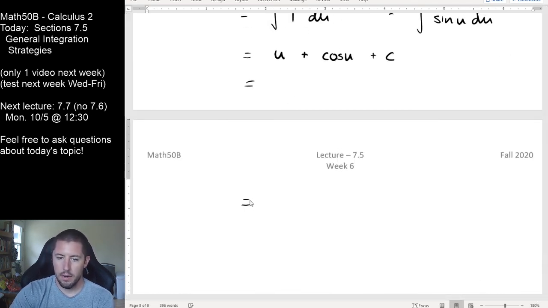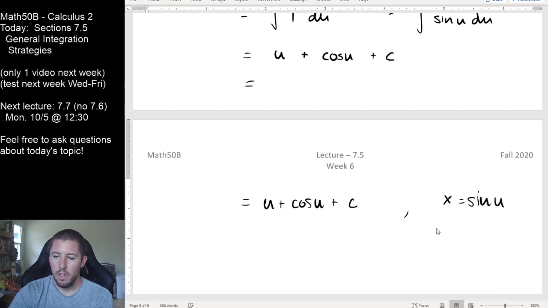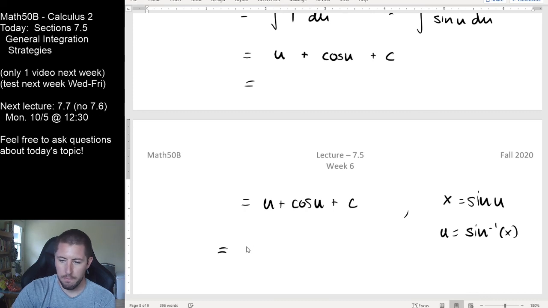So I'm going to bring this down here: u plus cos u plus c. And we did the substitution x equals sine u. So it looks like what I need to do is, first, u is sine inverse of x, and that's good because now I've got one of the parts of my answer.